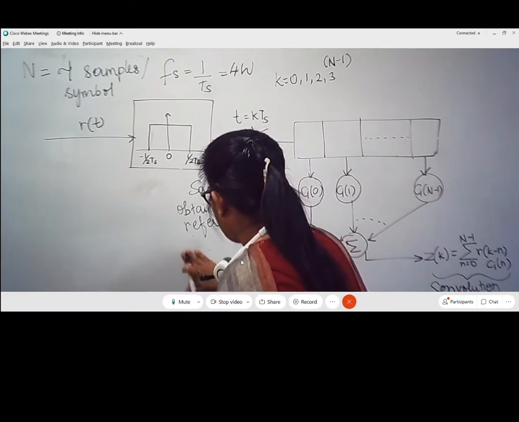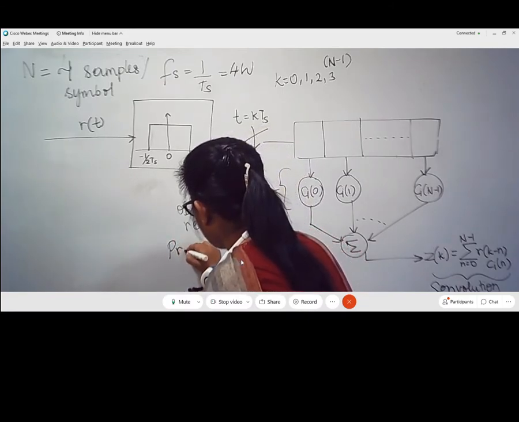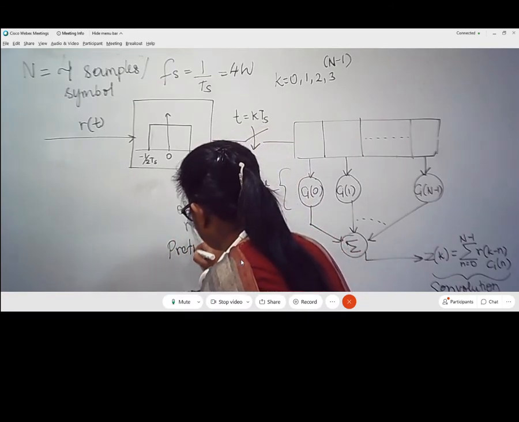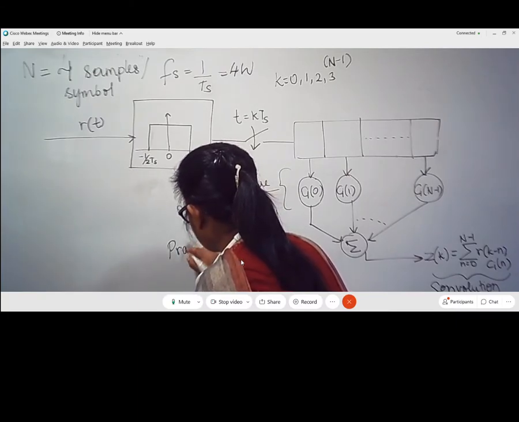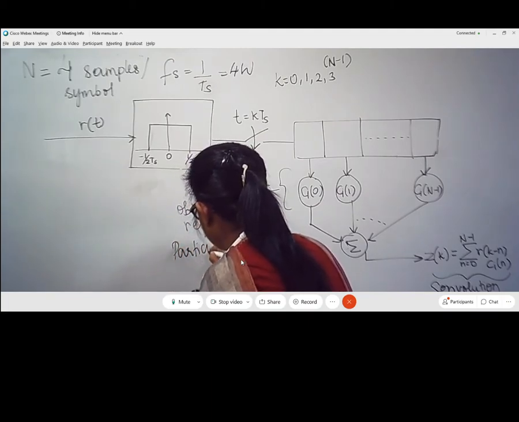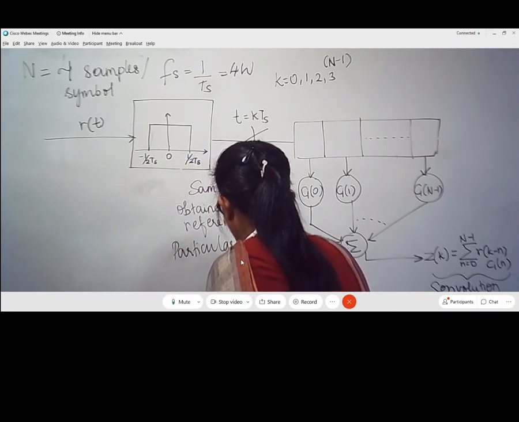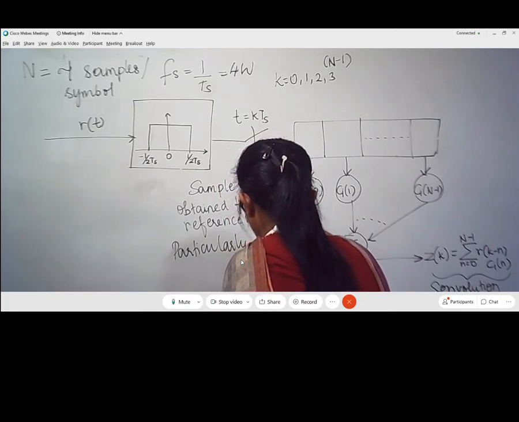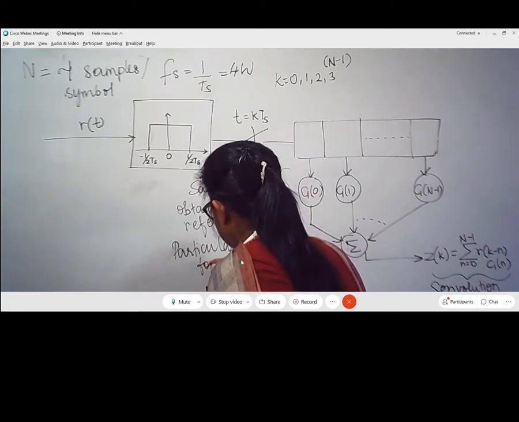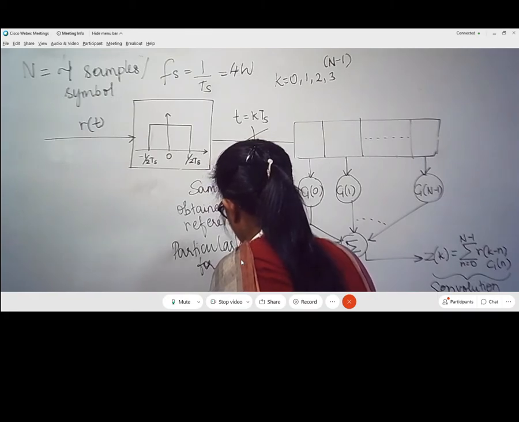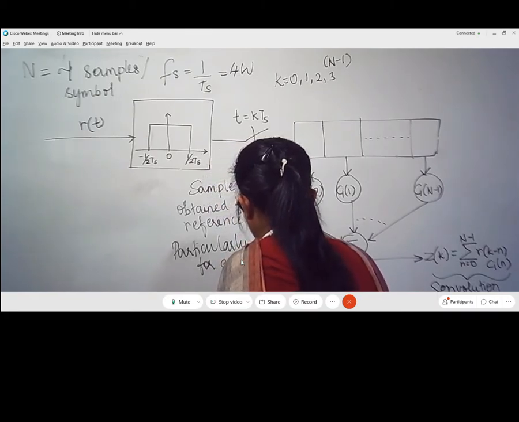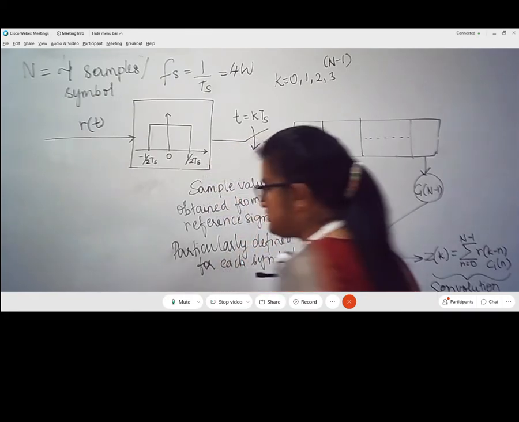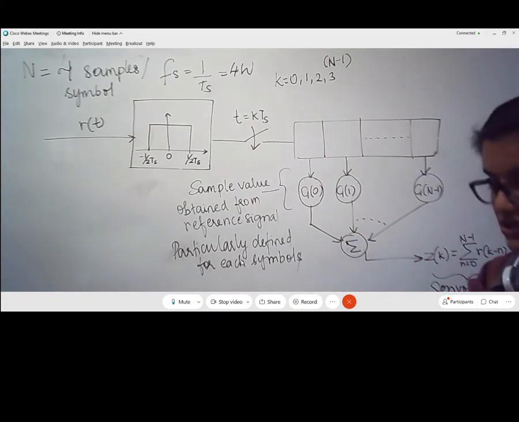These are particularly defined for each symbol. So these are unique weights defined for each of these symbols. So this is how the structure looks like.